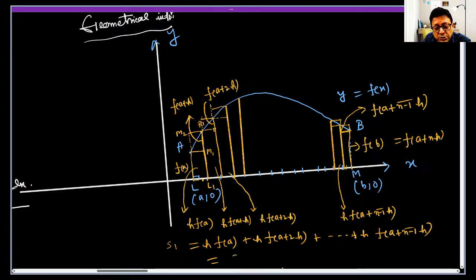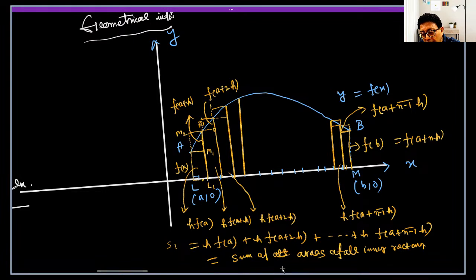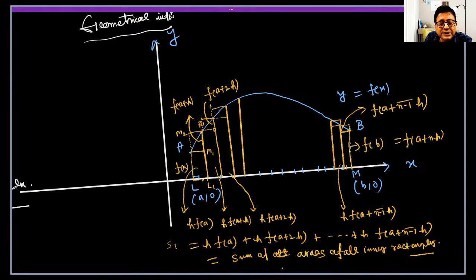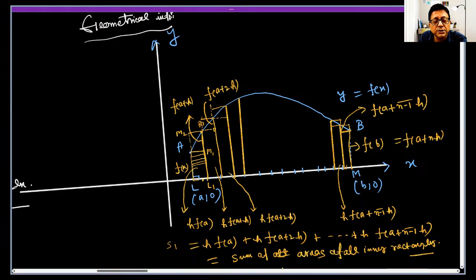This is equal to the sum of areas of all inner rectangles, isn't it? This you understood? These inner rectangle sums we found, these areas. I am shading it with the same ink. I think there is no confusion in it. These inner rectangle areas we got.